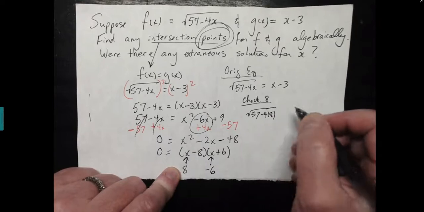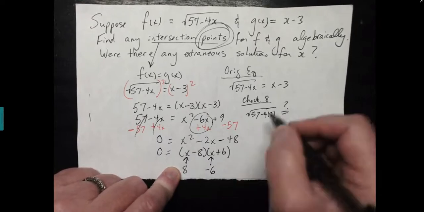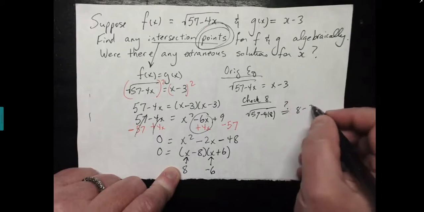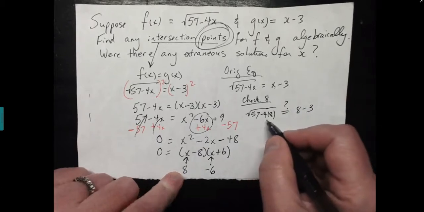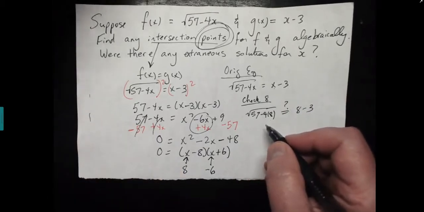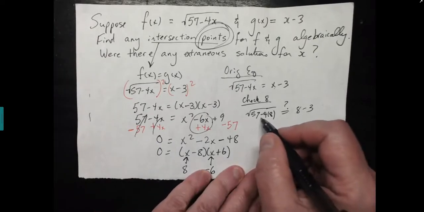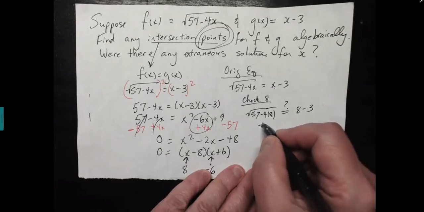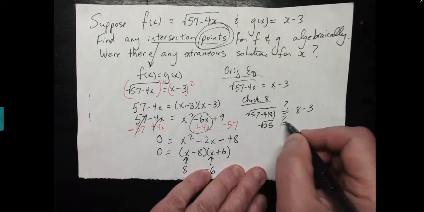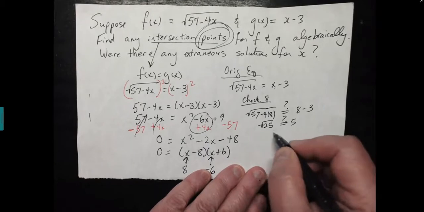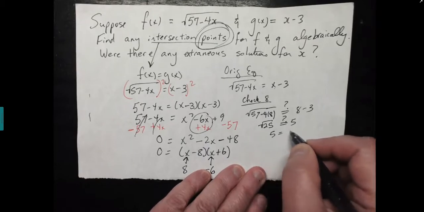And what is that equal to? Is it equal to 8 minus 3? So 57 minus 48, no, 4 times 8 is 32, sorry. 57 minus 32 is 25. And 8 minus 3 is 5, and the square root of 25 is 5.